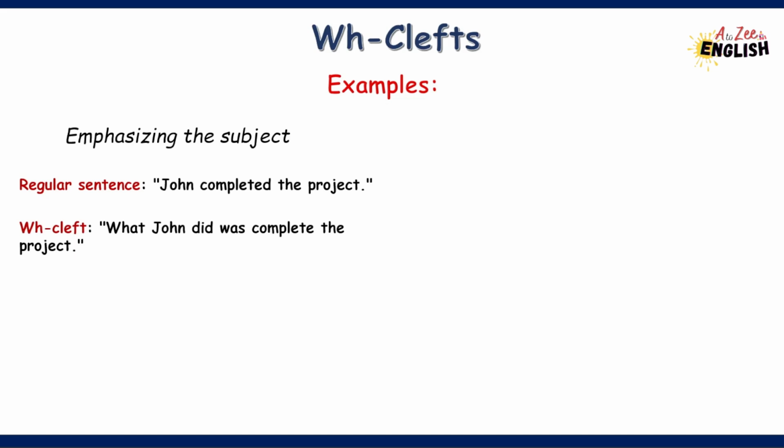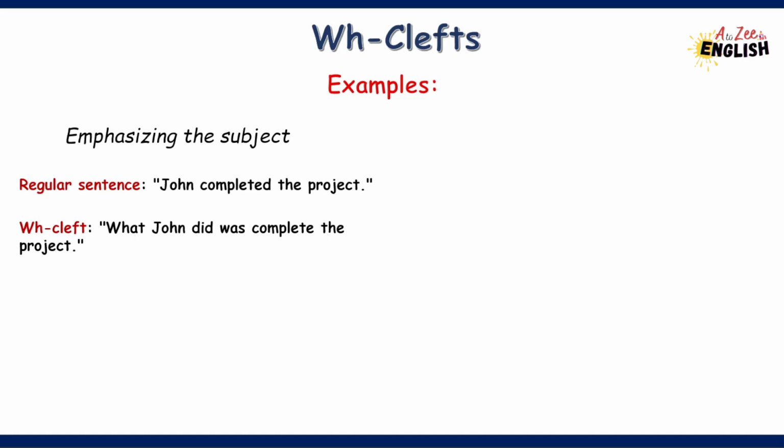WH-cleft: what John did was complete the project. Here, what John did introduces the WH-cleft and focuses on John's action. The WH word what highlights the action. Was complete the project provides the specific action that John did.